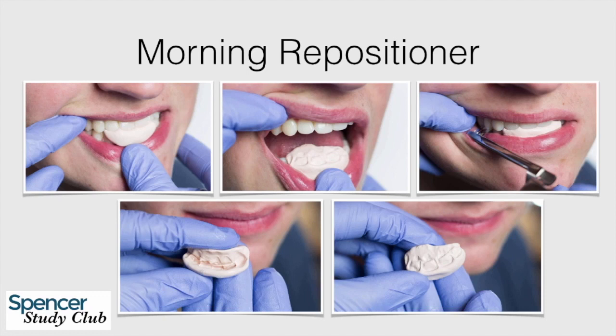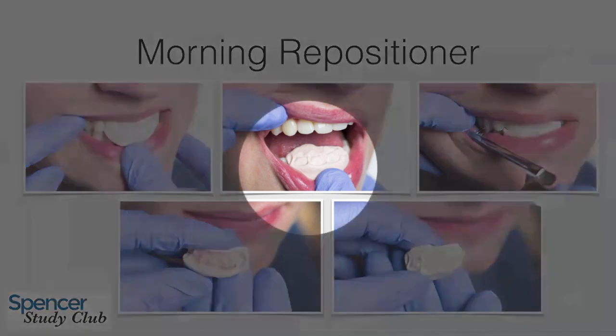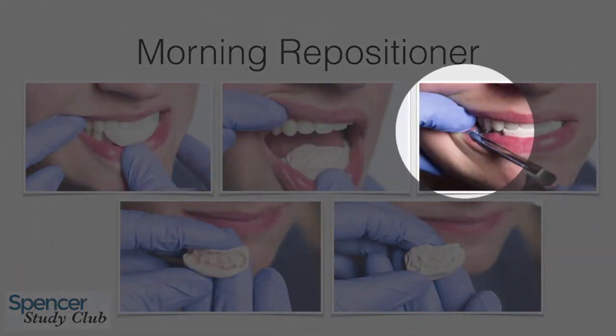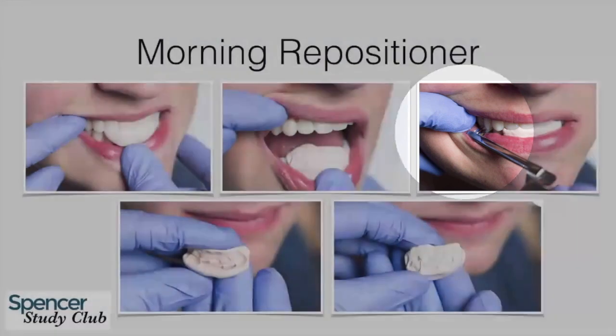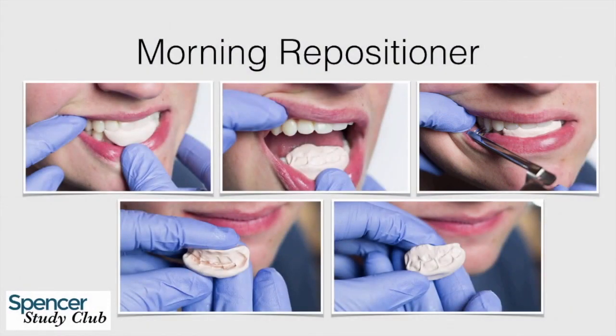Now, I used to just do it this way, and now we've added checking with the shim stock, checking to make sure that that patient is truly on their back teeth. Because before, I just took it for granted that, yeah, they must be biting on their back teeth. It looks like they're biting on their back teeth, and they weren't. So we check that now. Now, the cool thing about this technique is you know that they're hitting on their back teeth.